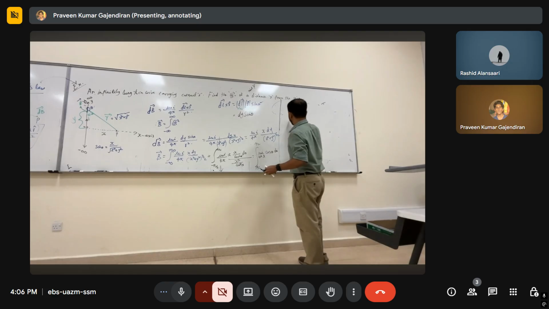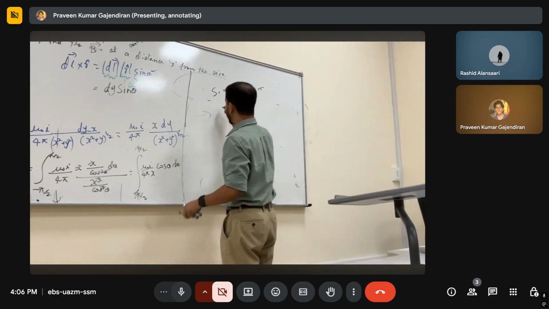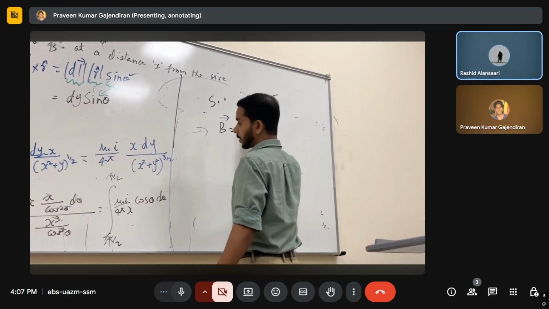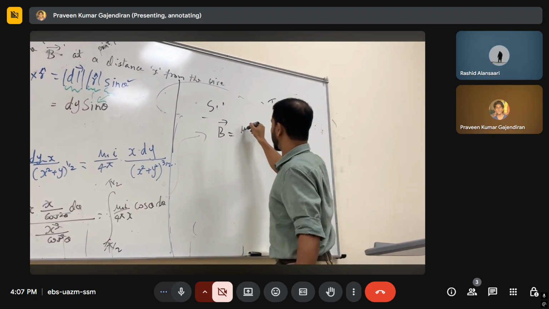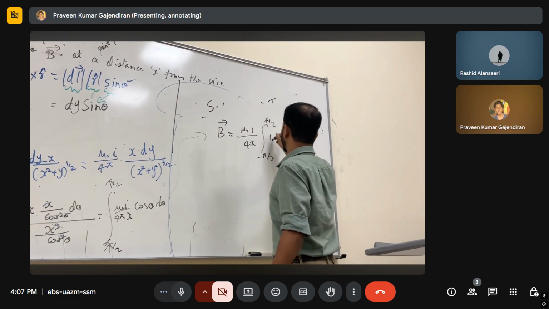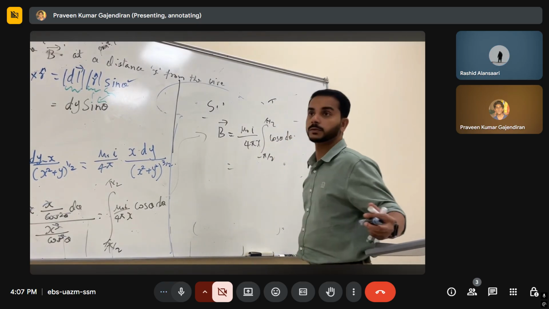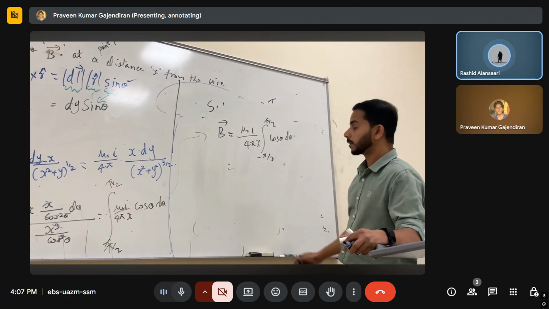Now I'll just go from here. So B will be equal to mu 0 I over 4 pi, the integral from minus pi by 2 of cosine theta. This is still a continuation of the question. The integral of cos theta is sine theta.